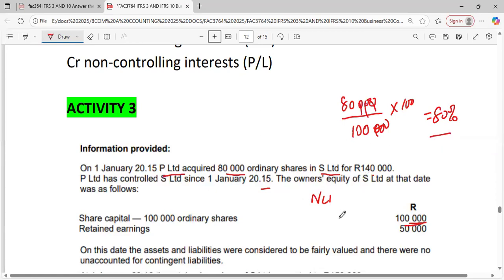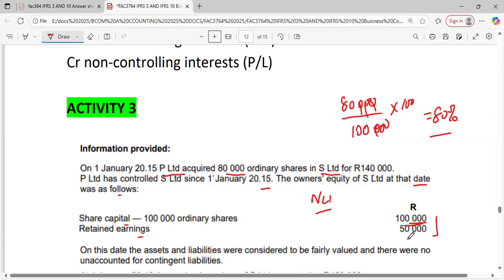So the first thing when you are doing a consolidation, you should always look at the percentage that was acquired. When they acquired, the owner's equity at the date of acquisition was ordinary share capital and retained earnings. So you can see this is the equity at acquisition. This is what P Limited acquired.